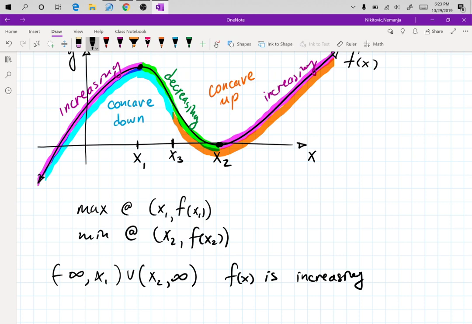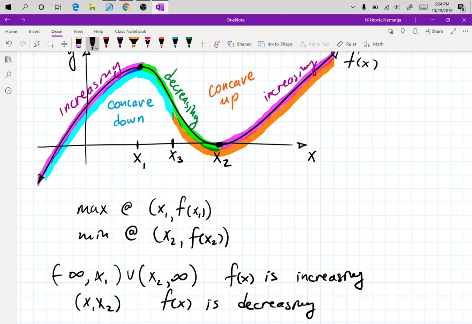Then we have the green part between x1 and x2, and that's f of x is decreasing, i.e. walking down. Note that I am not using any y values. These are all intervals on x.